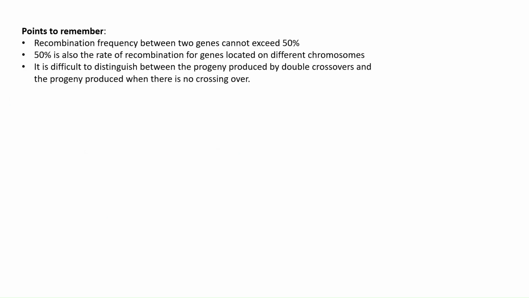Now there are a few points you have to keep in mind for determining the gene position. First of all, the recombination frequency between two genes cannot exceed 50%. We already learned that recombination cannot be more than 50%. A 50% rate of recombination can also be for genes located on different chromosomes. If the distance between A and B is 50 map units, or they have a recombination frequency of 50%, that means maybe they are present on different chromosomes.